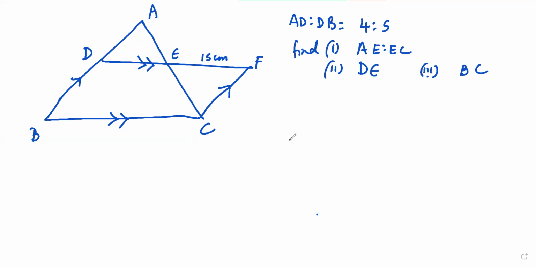We can use the concept of congruency for the two triangles, namely ADE and ECF. See, BPT I will not be using, so I'll use the other one, that is congruency. So if you see, look here, I'm marking VOA, vertically opposite angles. And because it's a parallelogram, BD is parallel to CF.